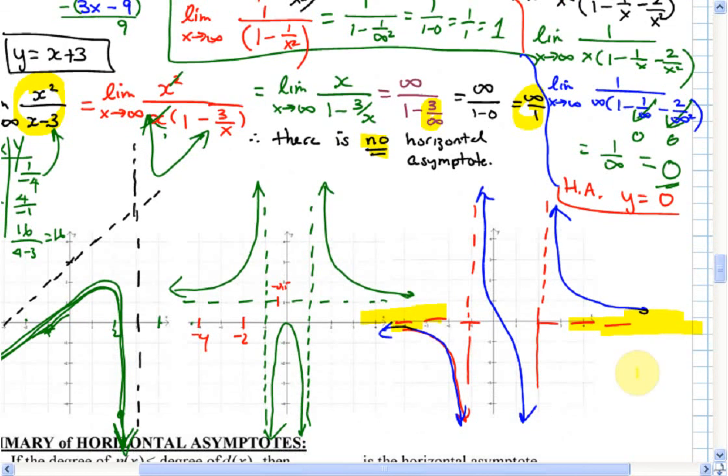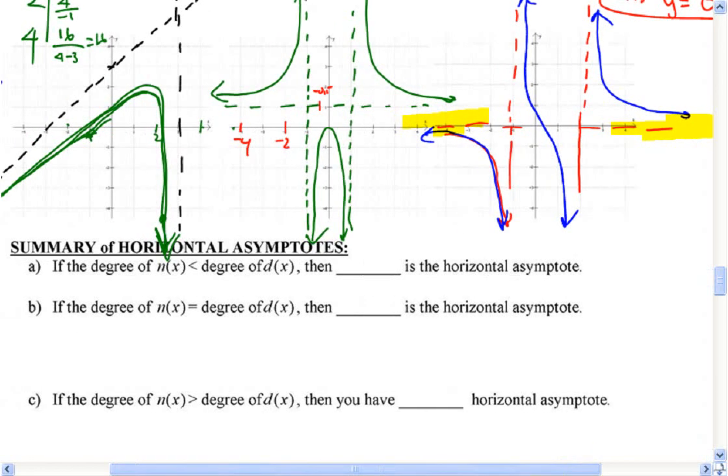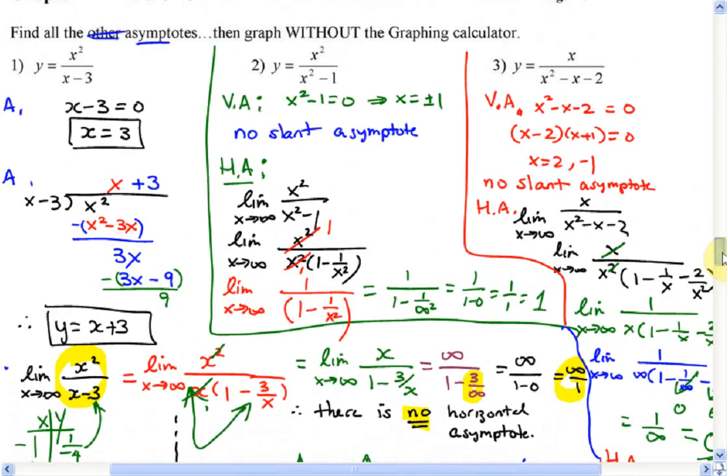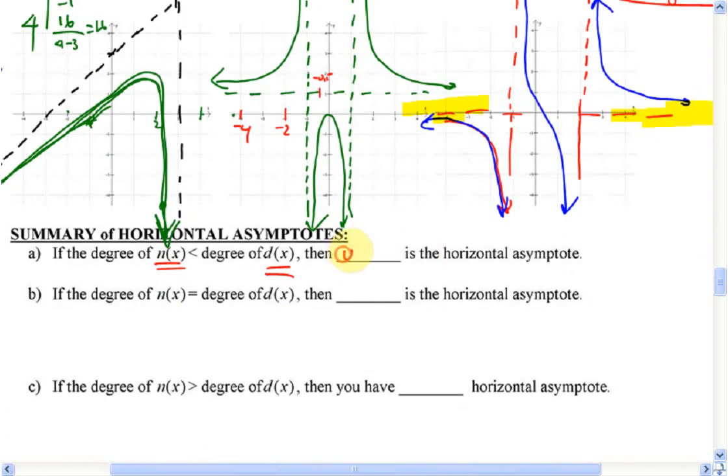Now, let me quickly give you a summary, and then I think I'll stop for today. If I asked you to find these horizontal asymptotes, how could you do it? Here's what you need to do. Look at the degree of the numerator. If it's less than the degree of the denominator, which is case number 3, you actually have an asymptote, but it's always equal to 0.